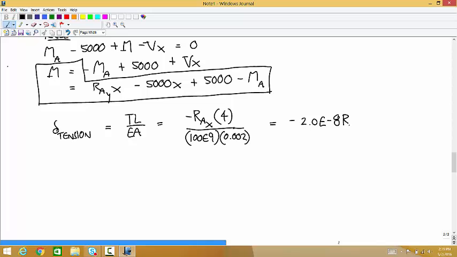Okay, times RAX. And so then the total elongation equation says the total elongation is equal to the elongation due to the temp change plus the elongation due to tension.